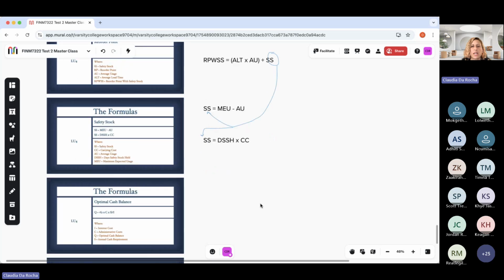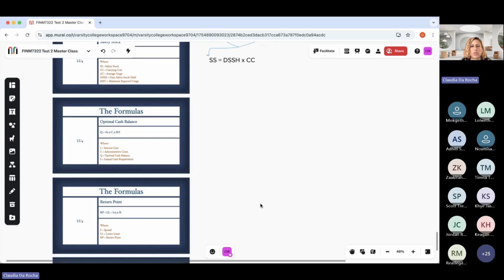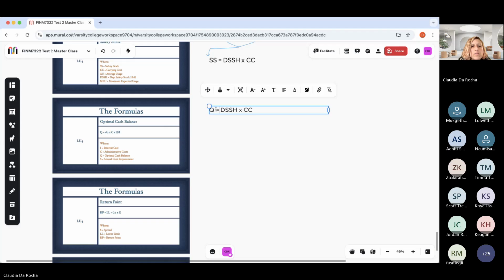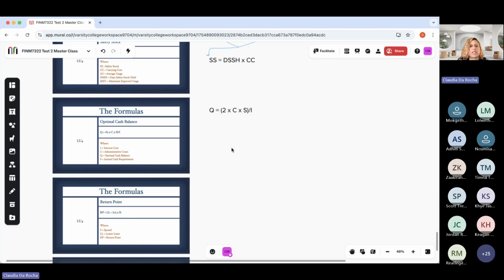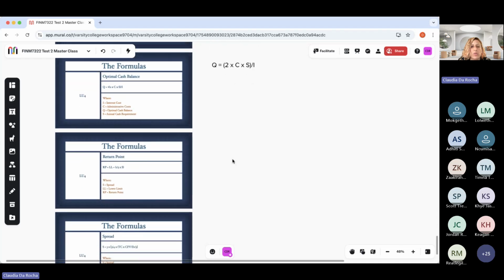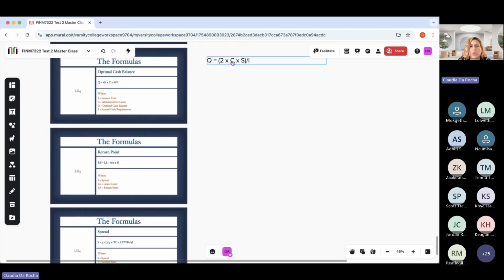I'm just wary of time. I do want to make sure I go through the two past paper questions. With the optimal cash balance and the return point and the spread, there was a question earlier as to whether there are more questions around this.